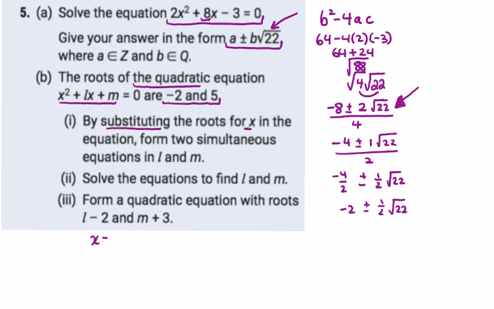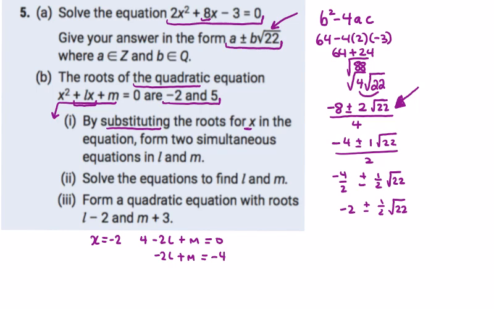So we start with x equals minus 2. So we're going to get minus 2 squared, 4, plus L times x. So that's going to be minus 2L, plus M equals 0. So we could have minus 2L plus M equals minus 4.